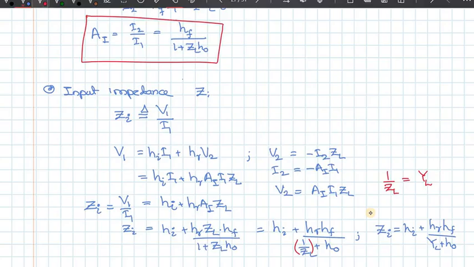This is my output impedance, sorry, input impedance, my second quantity that I am interested in.